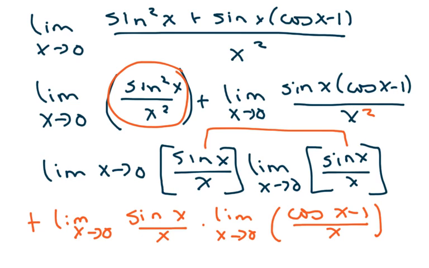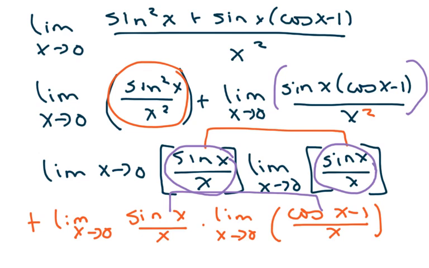When you multiply these two, you would have gotten this piece right here. So we already know that this first piece is 1. This piece is 1, so 1 times 1 is 1. This is 1, and this is 0. So on the last page here, basically what we're going to have is 1 times 1 plus 1 times 0, and that equals 1.